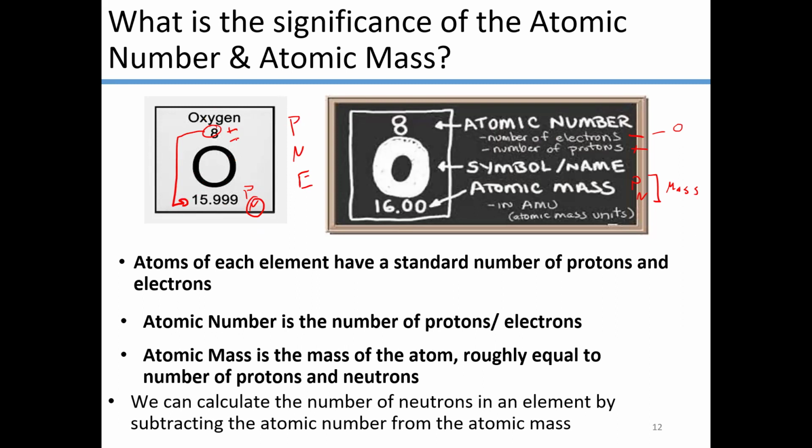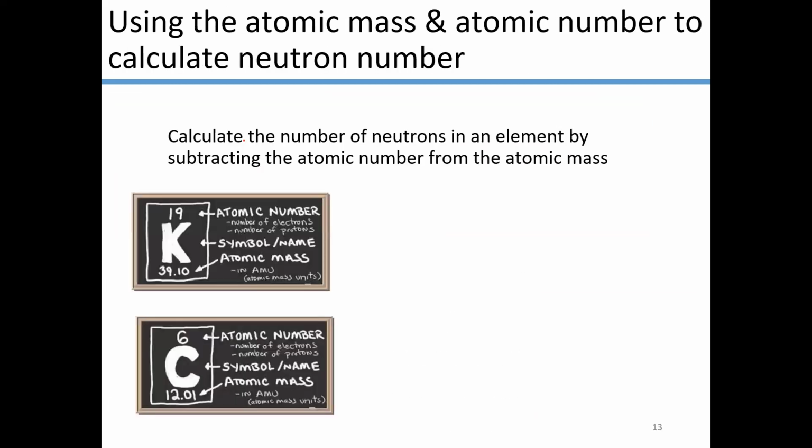So again, we know how many protons and electrons we have. We know this has our protons and our neutrons. So if we ever need to figure out exactly how many neutrons we have, all we'd have to do is subtract. So let's go ahead and practice that out.